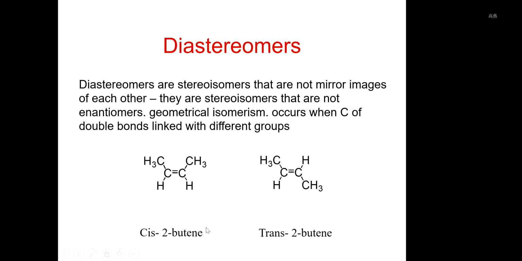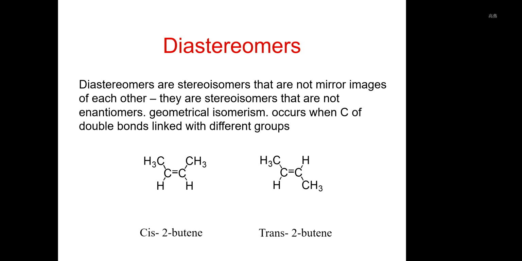If they are on the opposite sides of the double bond, then it's called trans-2-butene, right? So there are two types of arrangement of how these groups are linked to the carbon atoms composing the double bond.